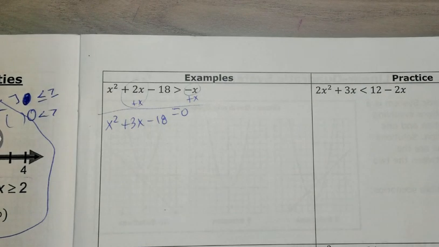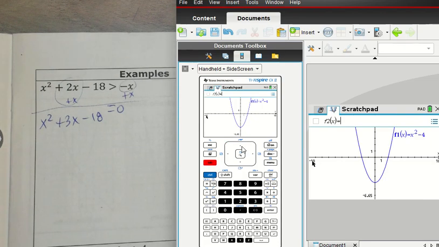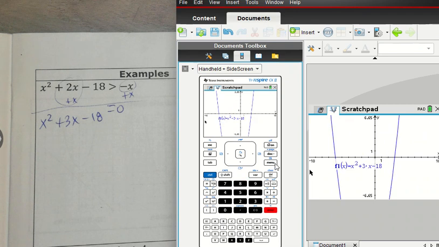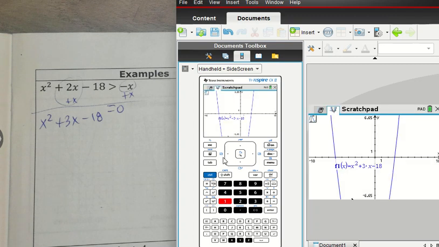And now we're going to graph that quadratic to find the solutions. And you can use any method to solve algebraically if you prefer. But again, graphing is the quickest method. So after we type it in, we're going to find the x-intercepts. Menu and trace, graph trace.